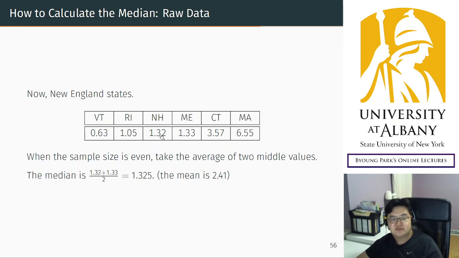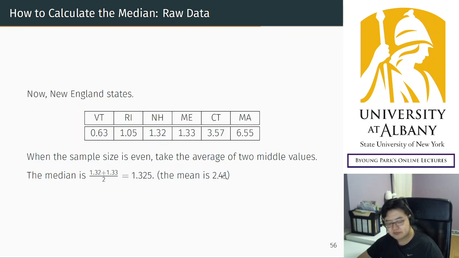Take the two middle values and take the average of them. That's how you calculate the median. So the answer is 1.325. 1.325 is exactly in the middle of these two values. That's the median of New England states. And the mean is different, 2.4.